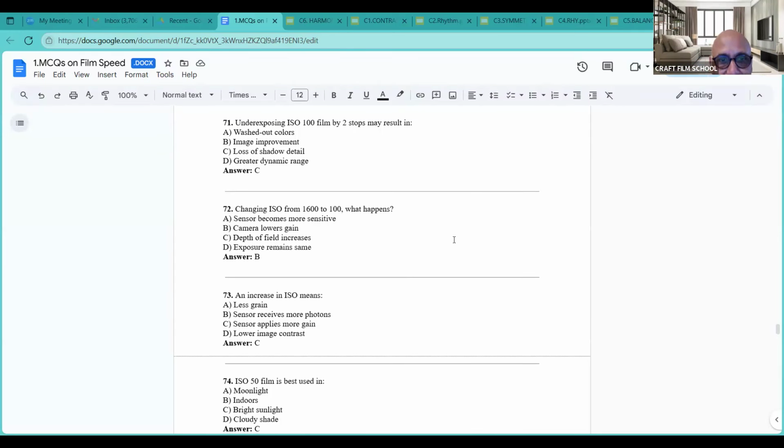There is a mechanism by which you can change the sensitivity of the sensor, but the sensor would remain the same as such, if I may say so. The camera lowers the gain level. The level of gain increases or decreases by changing the ISO setting in a digital camera. So digital is a little difficult to understand sometimes. There may be tricky questions like this. Depth of field increasing has nothing to do with that. Exposure remains the same? No. When it changes here and there, exposure would also shift.